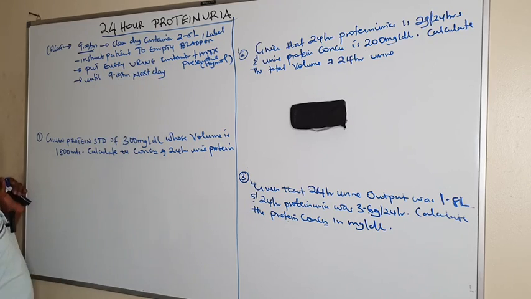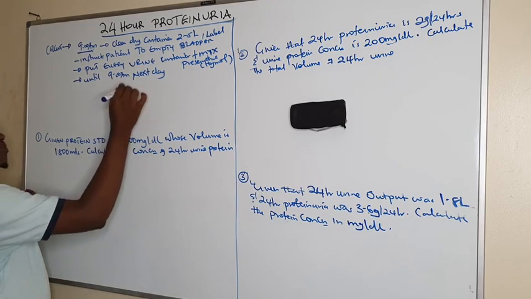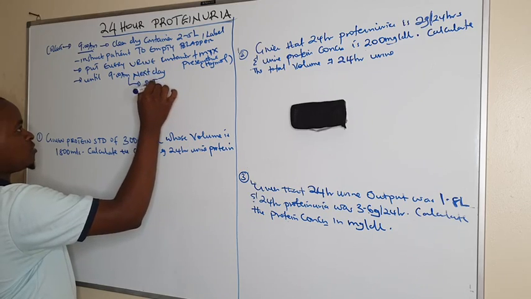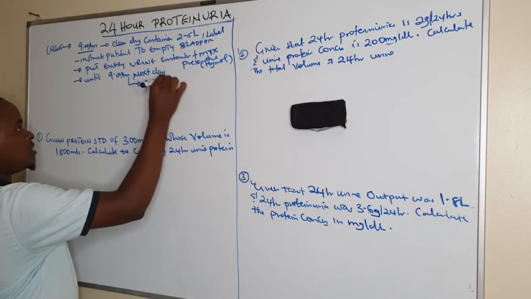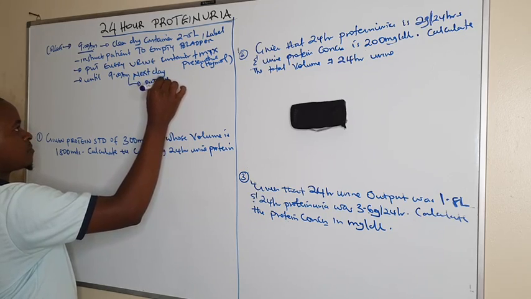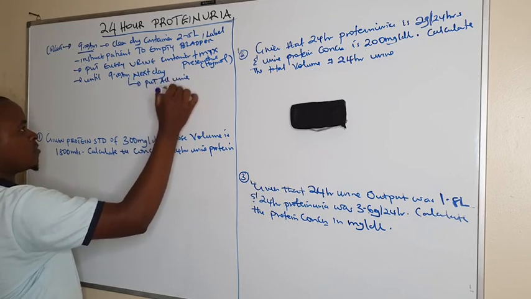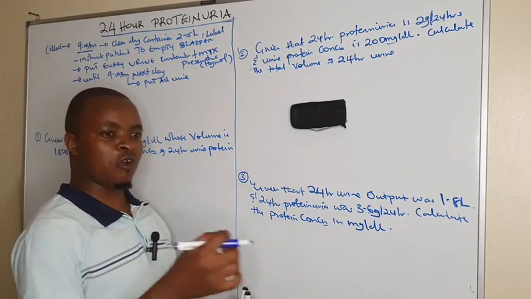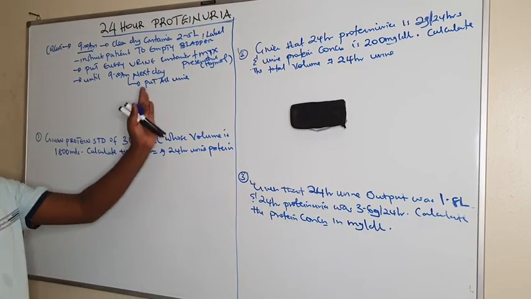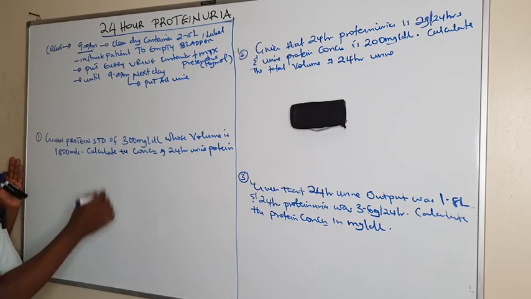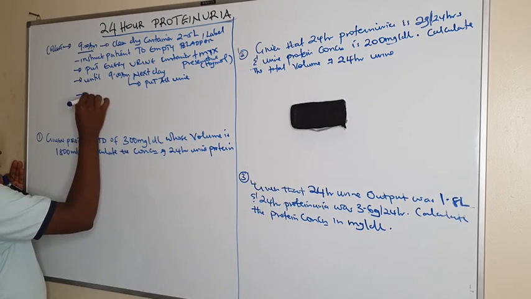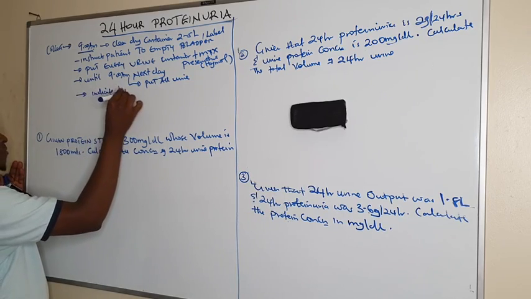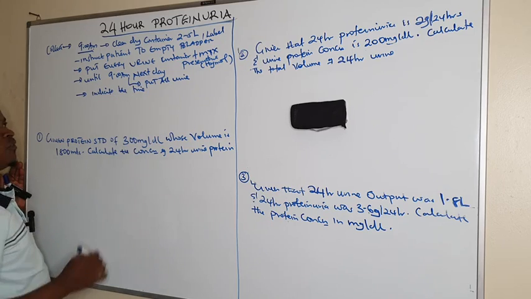So on the 9 a.m. of next day, you instruct this patient to empty the bladder, even though they are not feeling to urinate, they should go and force, so that the last portion of urine is also added, and they should indicate the time they have finished.